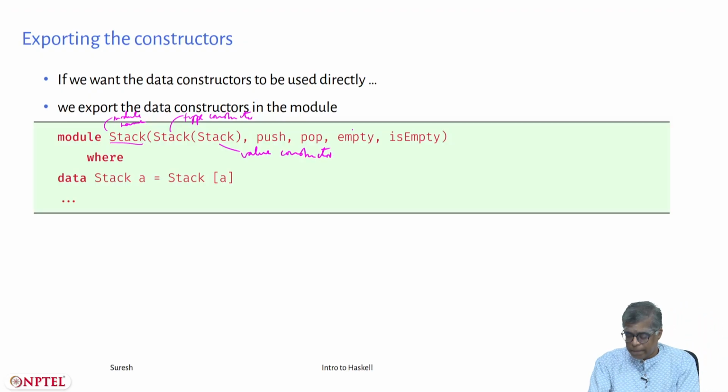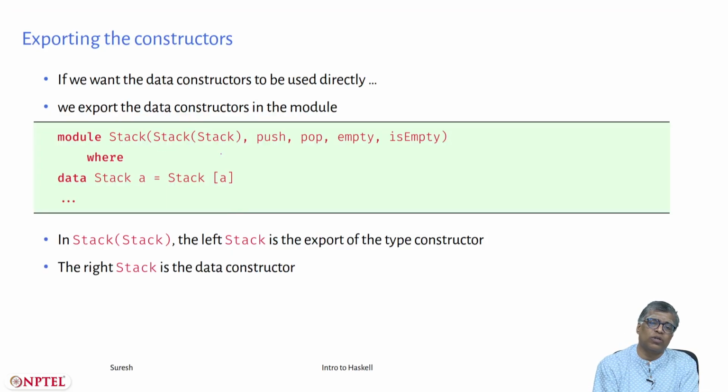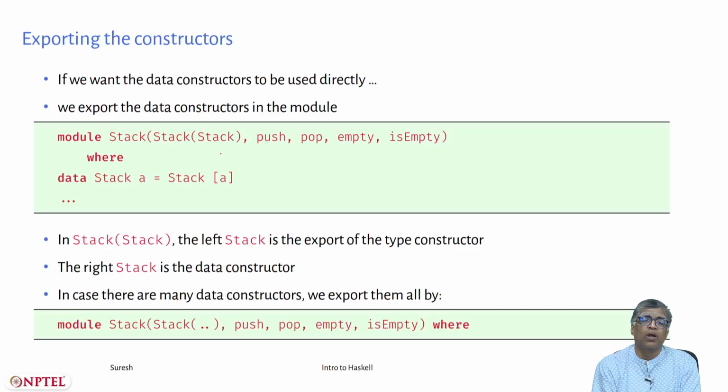So in Stack(Stack), the left Stack is the export of the type constructor, and the Stack within the parenthesis is the value constructor. In case there are many data constructors, we can export all of them by putting Stack and within parenthesis dot dot. That will export all the data constructors that belong to Stack.